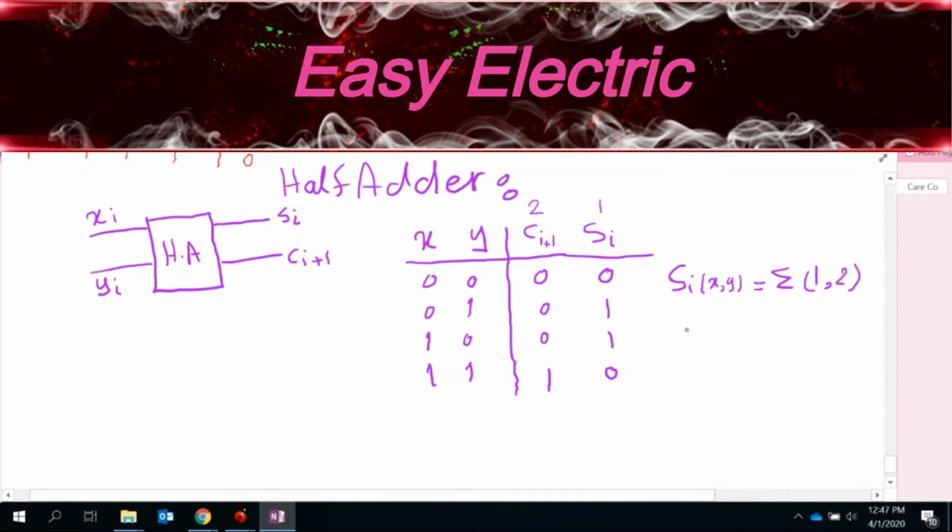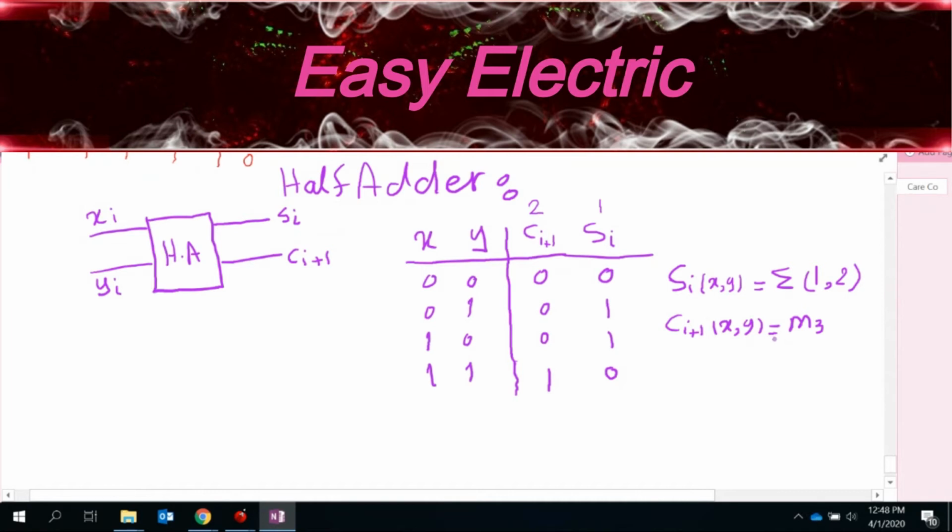Then I make that simple, which somehow you don't need to do because this is just 2 terms. I just want to follow the steps that we have in the design. Also, this is a very simple design problem. Ci plus 1 again is a function of X and Y, equal to sigma with just one 1, which is minterm 3, M3. Technically, you don't need a Karnaugh map because even if you did, you would not find any squares in the same boundary.